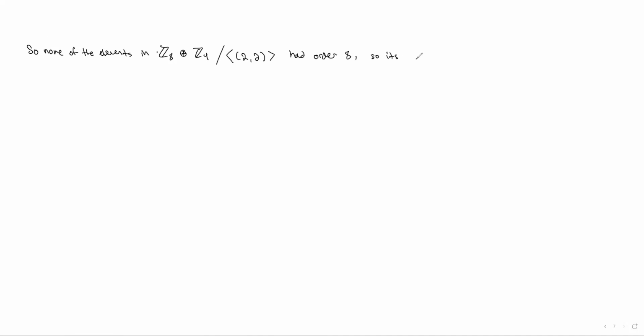So it's not isomorphic to Z8, because the element 1 in Z8 has order 8. Also, Z8 plus Z4 mod <(2,2)>, well, it had elements of order 4.